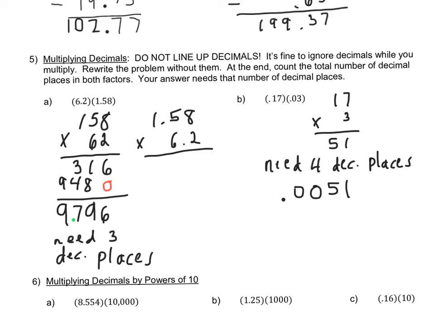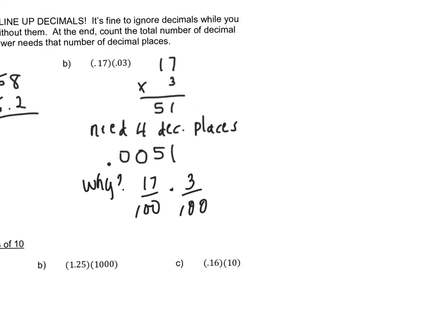Now I want to explain why you do this. Hopefully you remember that you used to do this, but why? If we take the original 0.17 times 0.03 and write them as fractions, they both have 2 decimal places, so that is out of 100. So we have 17 over 100 times 3 over 100.